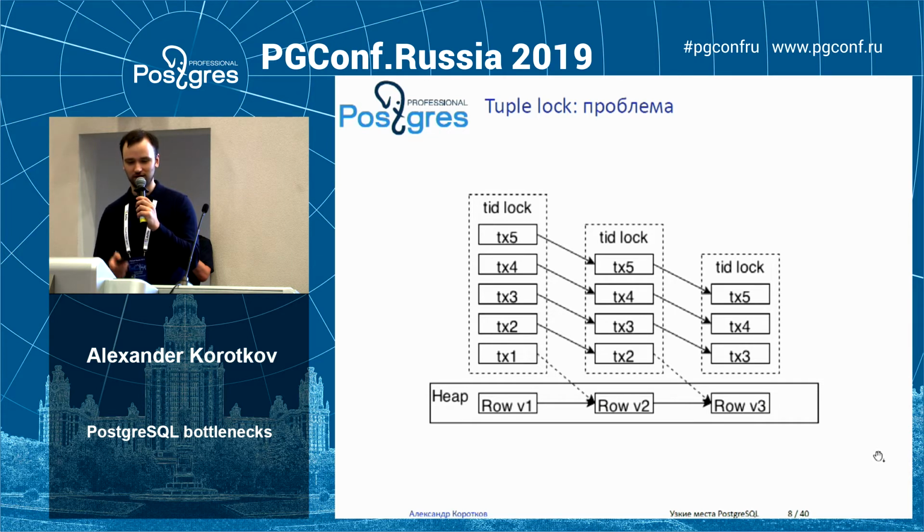So the first problem, in more detail: how locking in Postgres operates when we update a certain tuple. The thing is, a tuple has a TID, a physical location identifier, a page and an offset. If a lot of processes are fighting for one tuple, a lock is created in memory, and this lock is associated with the TID, and they are standing in a line to get this TID.